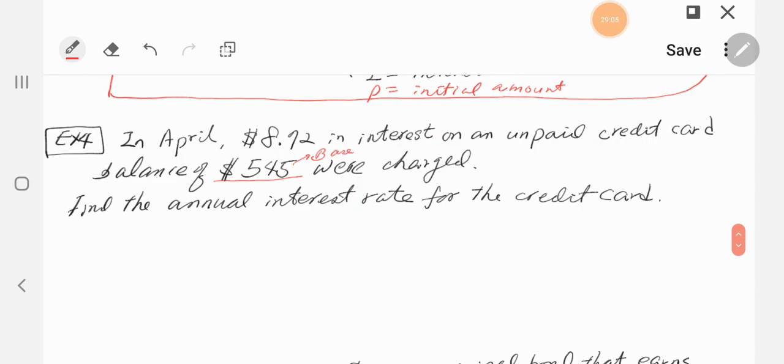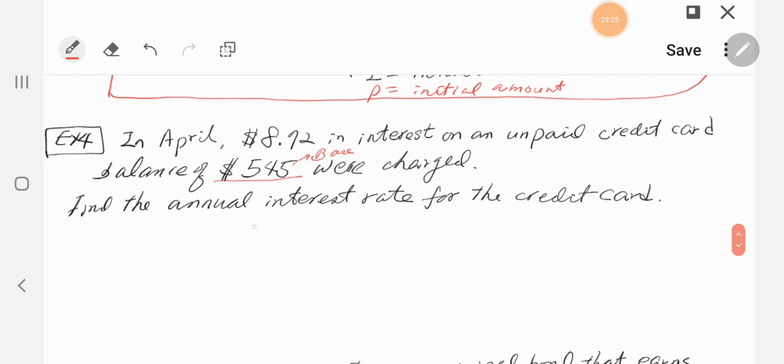From this base amount, for 1 month, in April, they charged you $8.72. So this is the charged amount for 1 month, right? For 1 month.